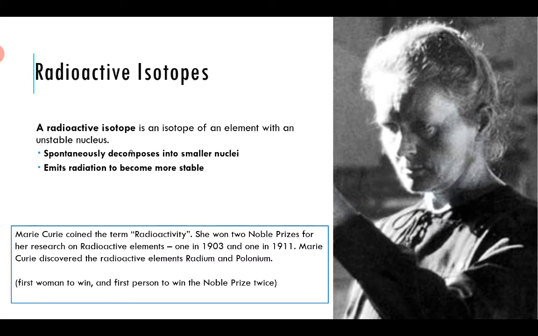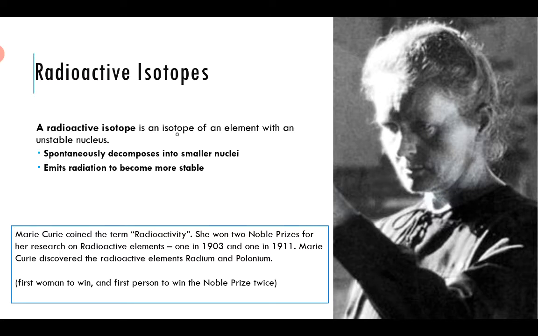So when we're talking about radioactive isotopes, we're talking about a particular isotope of an element whose nucleus is unstable. And since it's unstable, it will spontaneously decompose into smaller nuclei in an effort to become more energetically stable.